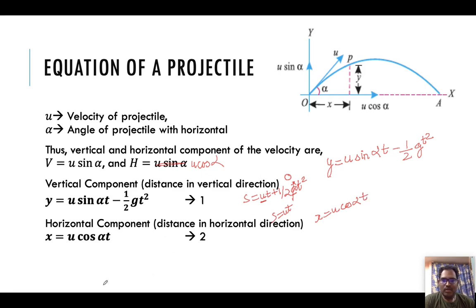Okay, so now what you can do is, just considering the second equation, you can assume that t is equal to x divided by u cos alpha. So this t can be substituted over here and over here. From the second equation, t is just taken on one side and all the other terms are brought to the other side, and in the place of t you can substitute this t which you have found from the second equation.